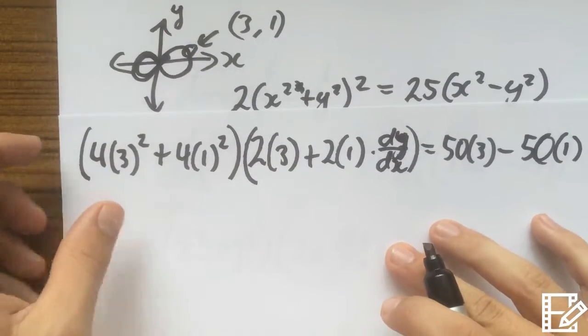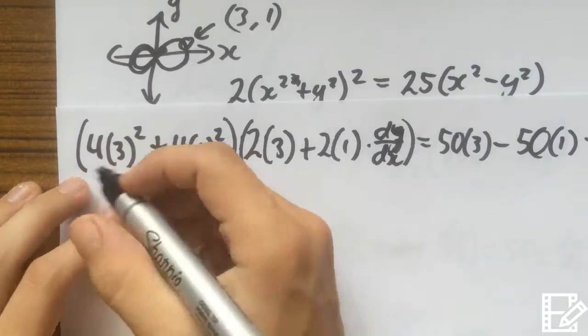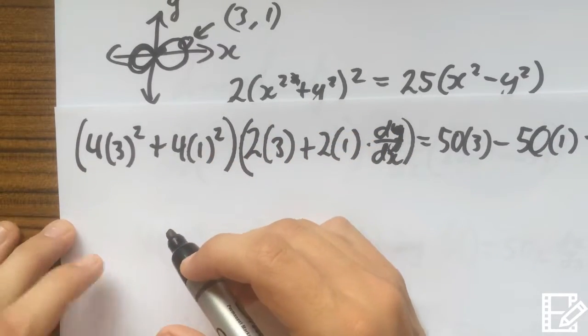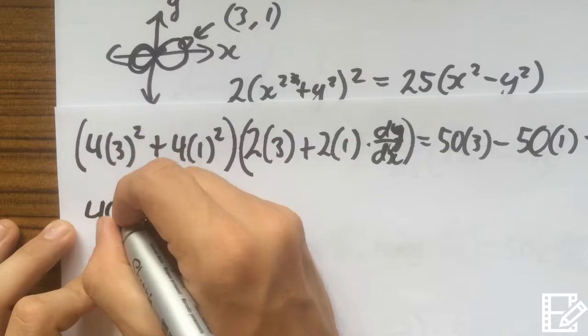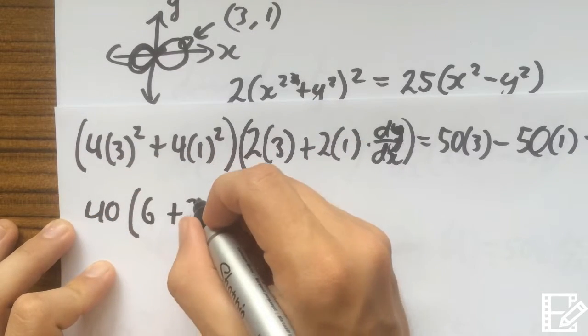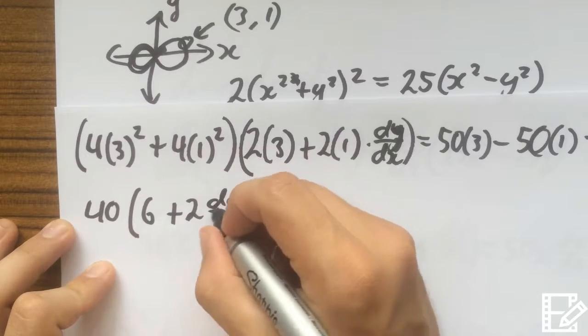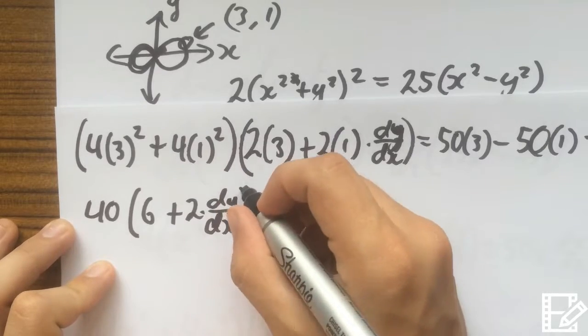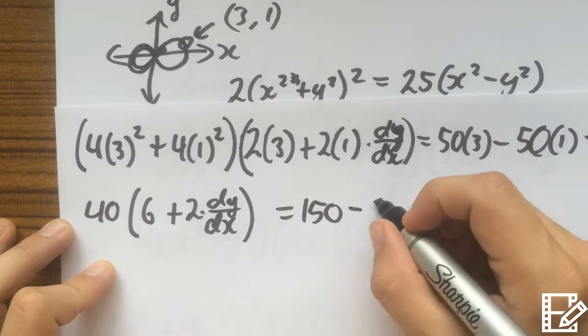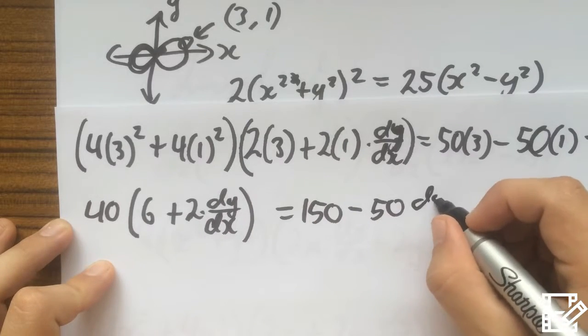Okay, that's going to come out to 40. And inside the brackets, we're going to have 6 plus 2 dy/dx equals 150 minus 50 dy/dx.